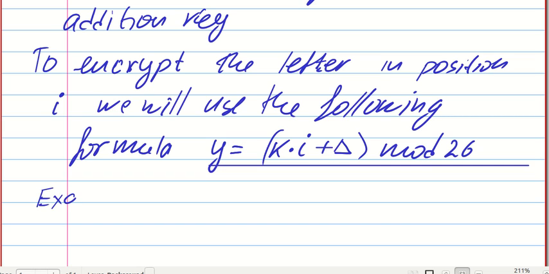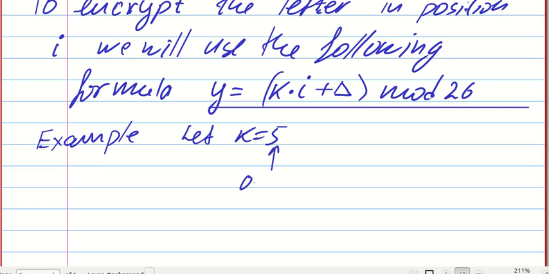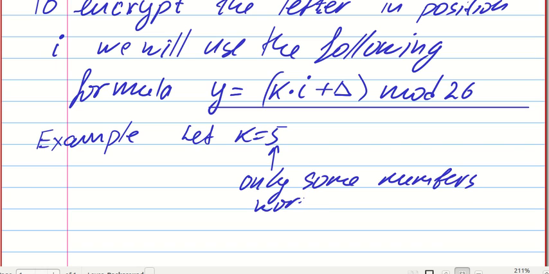So let's look at the example of the encoding. Let K equal 5. Remember, not all of the keys work, right? Only some numbers work. The units, right? The units.